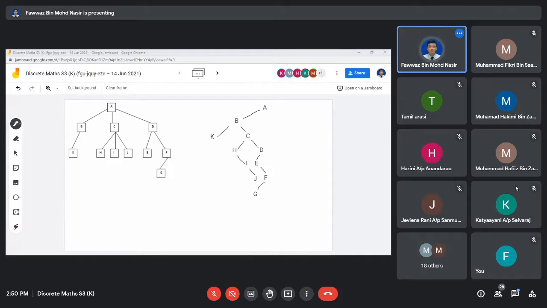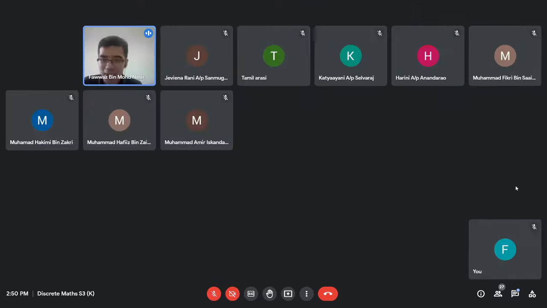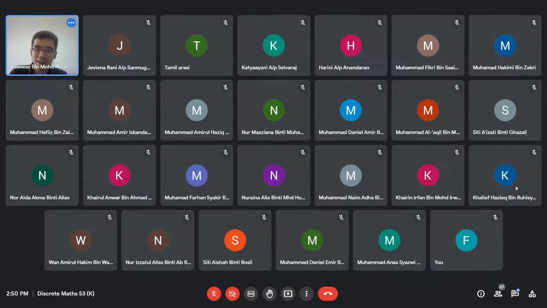So basically that's how we convert a general tree into a binary tree. Okay, kita just tengok which one is the leftmost child. The leftmost child akan jadi the left child of that node, that particular node yang kita currently tengok. Jadi dia punya sibling akan jadi the right child of that node. Okay.